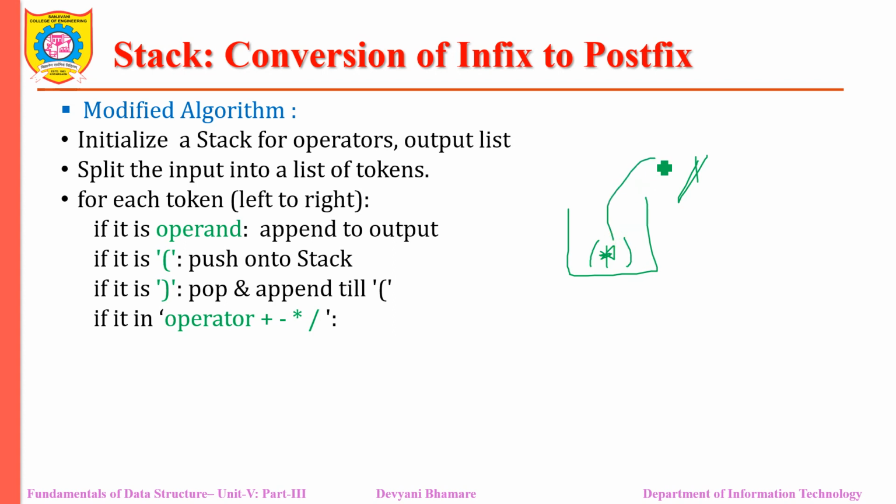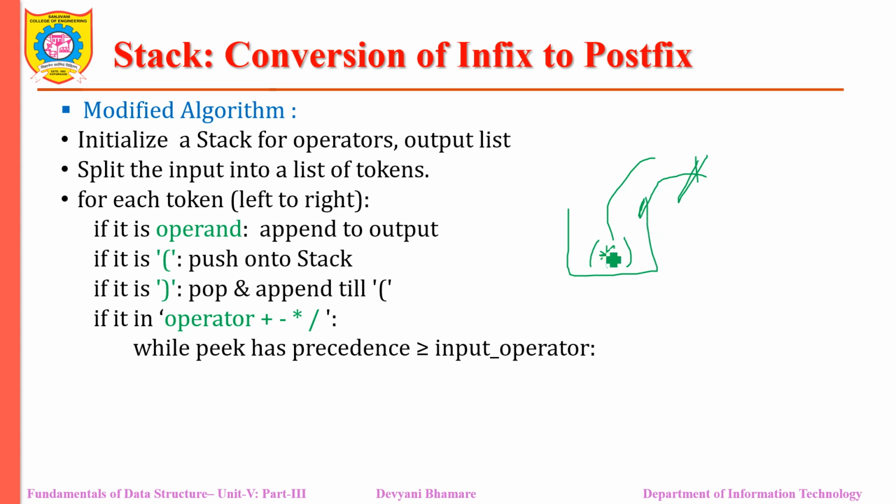Otherwise, we need to push this operator onto the stack. Here, if our stack top has higher or equal precedence, then we need to pop this multiplication operator and copy it onto our output list. And then later, the division operator will be pushed onto the stack.